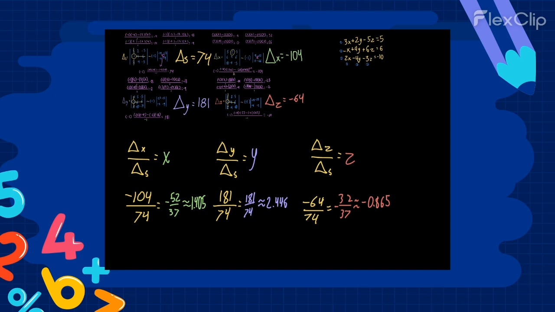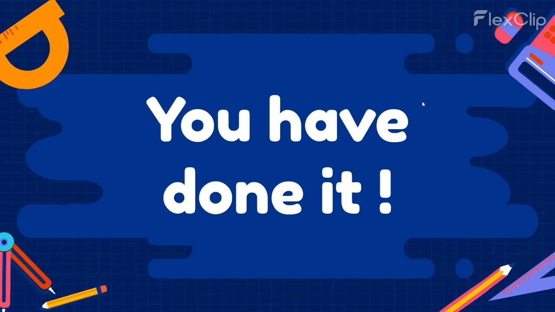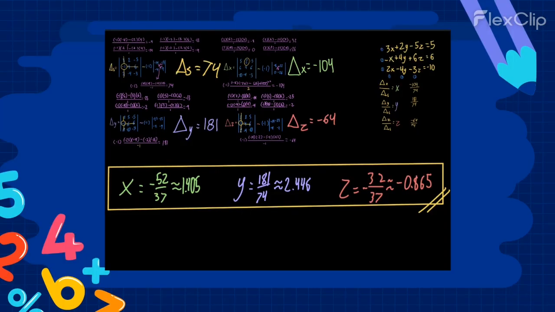It's going to be minus 52 over 37, around 1.405 negative. And for the y variable, it's going to be 181 over 74, that is around 2.446. And for z, it's going to be minus 64 over 74. That is going to be negative 32 over 37, that is around negative 0.865. And that is your answer.